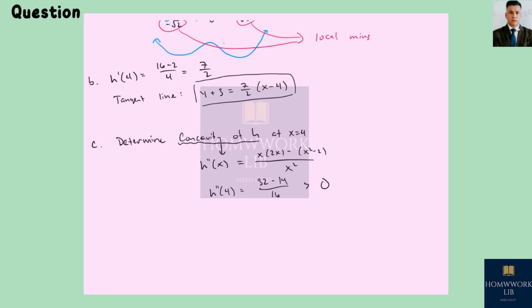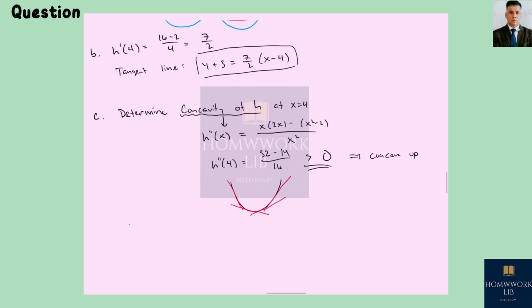And the important thing is just that this is a positive number. And so therefore, we are concave up at this point, which means our function looks like this. And for any tangent line, when you're concave up, you'll notice it's always below the graph. So the answer is below the graph. And we're done.